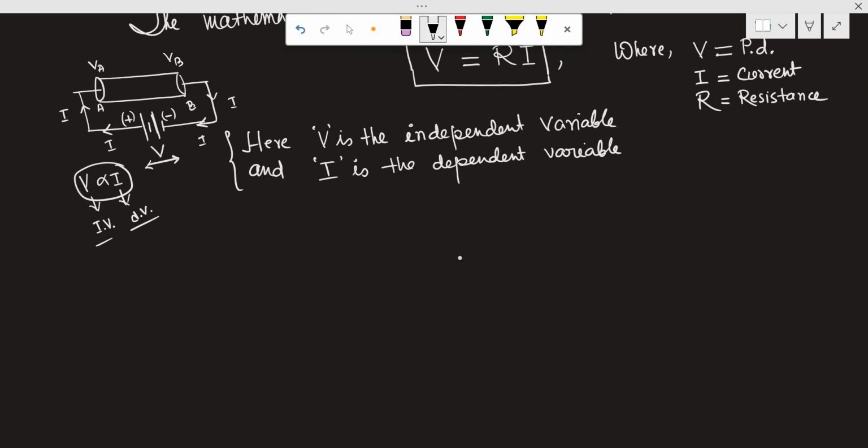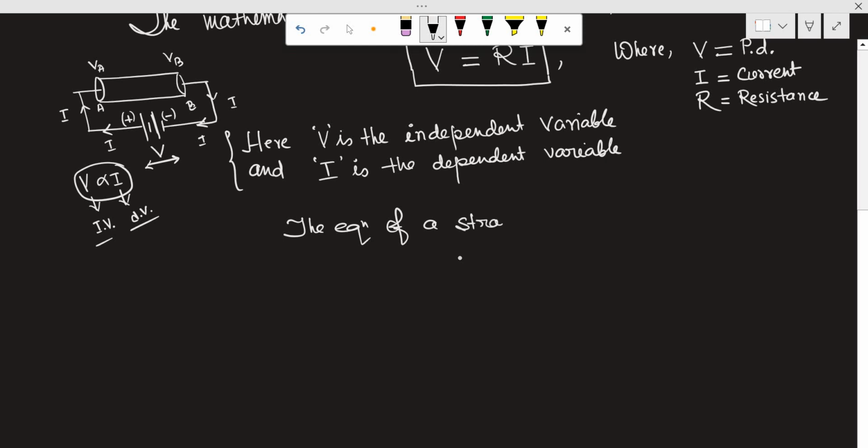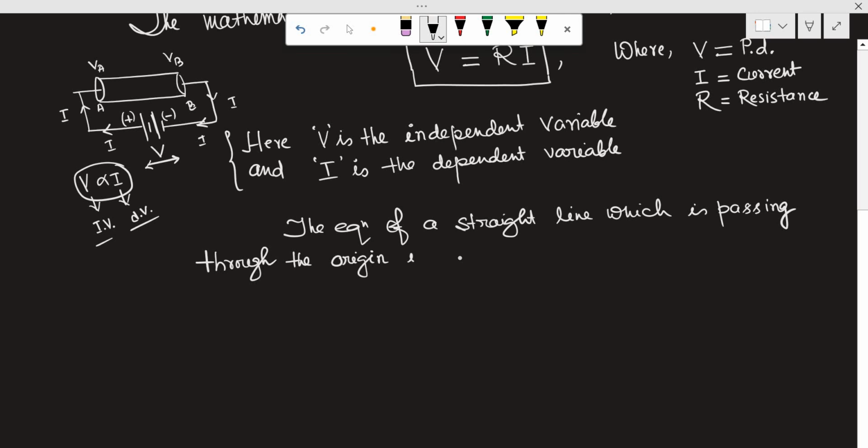the equation of a straight line which is passing through the origin is y equal to mx.